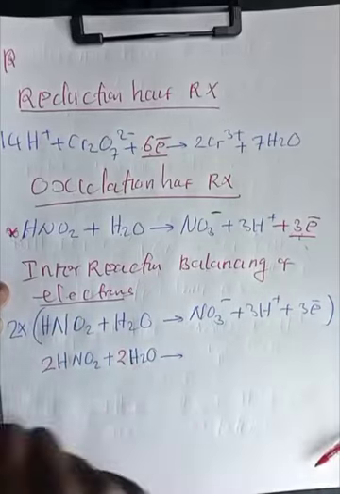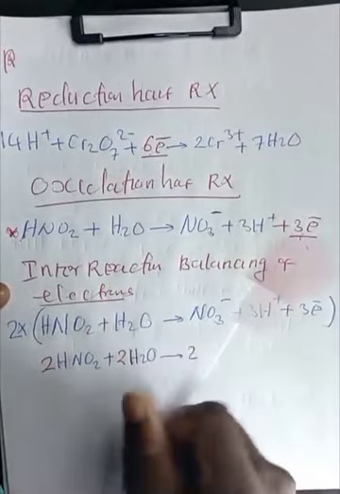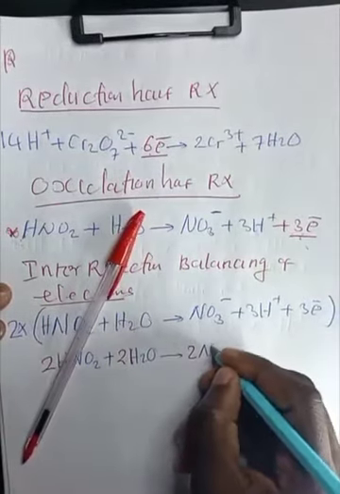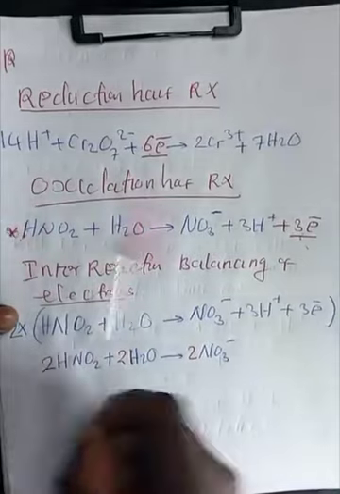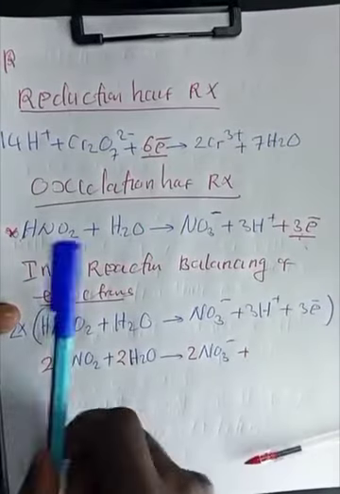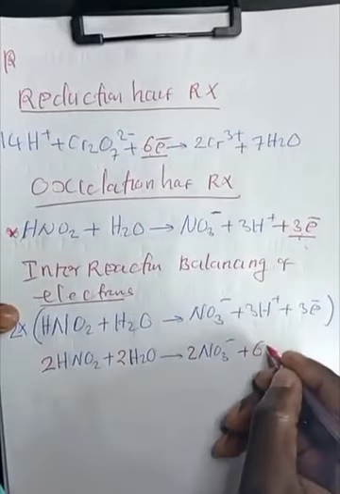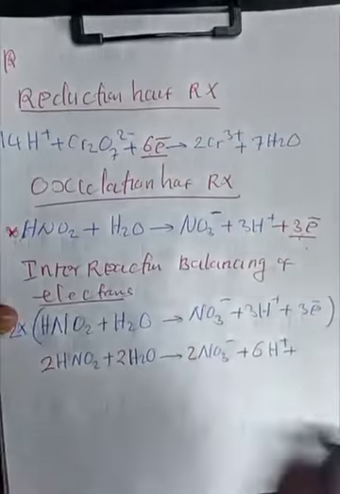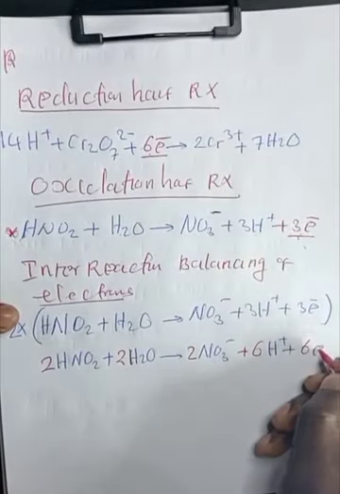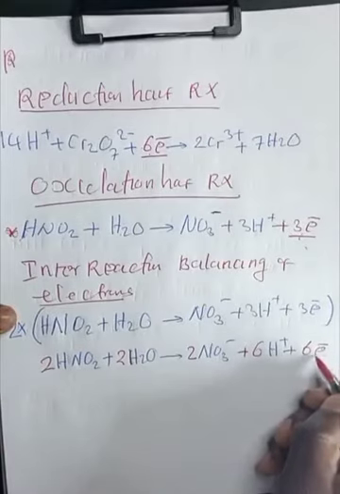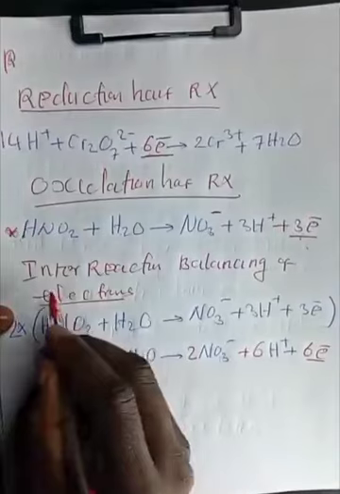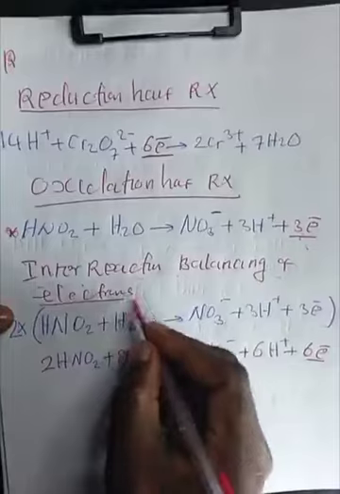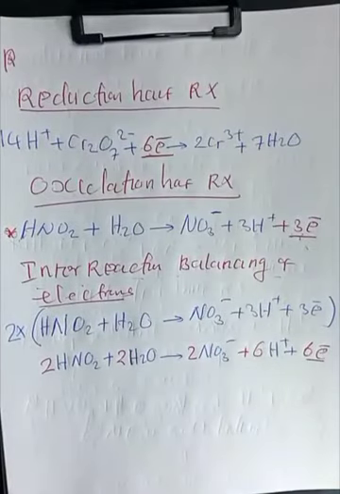This will again give us 2 NO3 minus, then plus 6 hydrogen ion, then plus 6 electrons. So we have now 6 electrons, so balancing of electrons is now achieved.